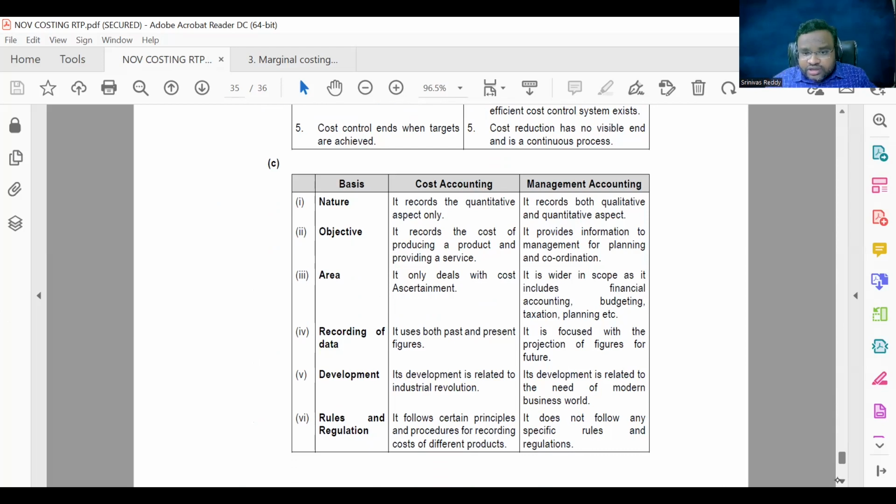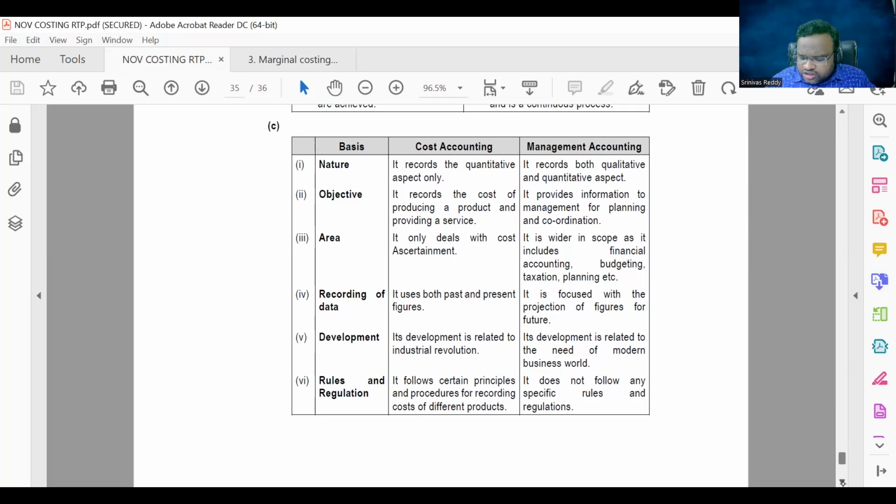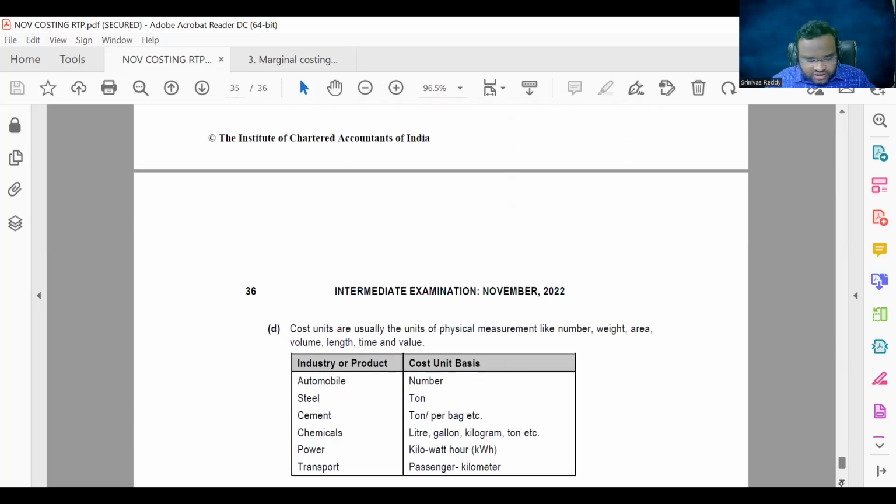Let us assume that if I take a decision, I can gain financially, but I have a reputation effect. Management accounting considers both. When I work with management accounts, you do a lot of things. I said in my class what management accounting really does: objective, area, recording, development, rules and regulations. So management accounting is more from the perspective of management.